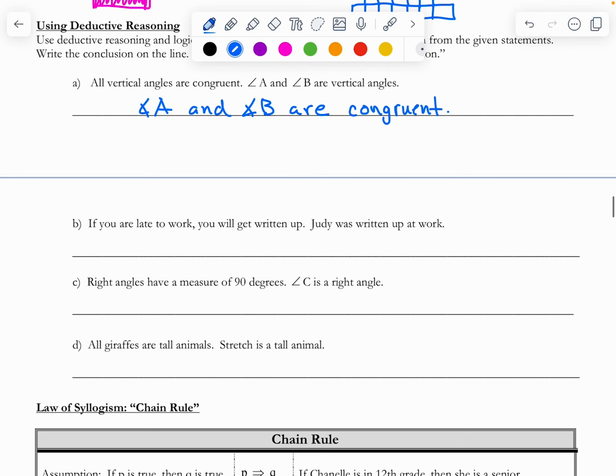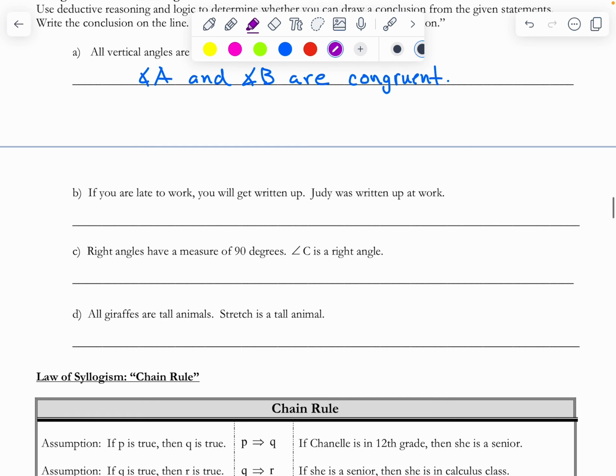We know that all vertical angles are congruent. So if A and B are vertical angles, they are congruent. Let's keep going. If you are late to work, you will get written up. Judy was written up at work. Now, although here we may think that if she was written up at work, that means she was late, remember, at work, we can be written up for many things, the same way that we can be written up for many things here at school.